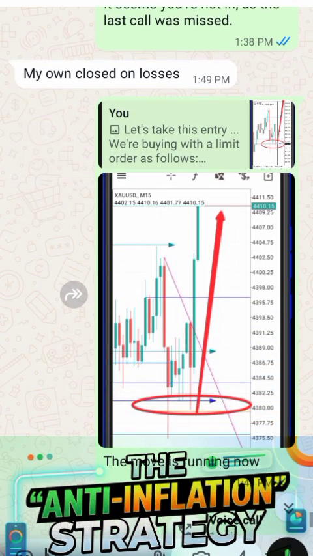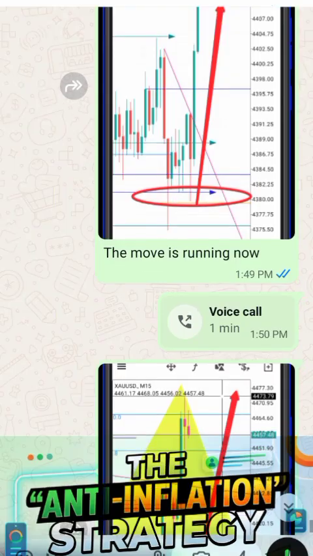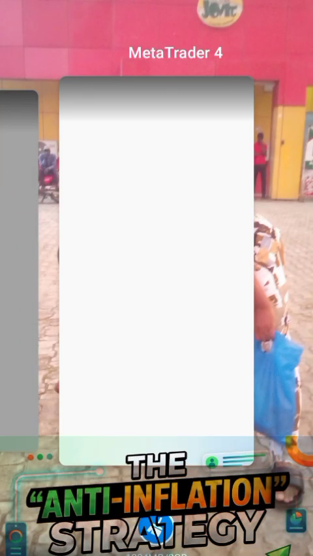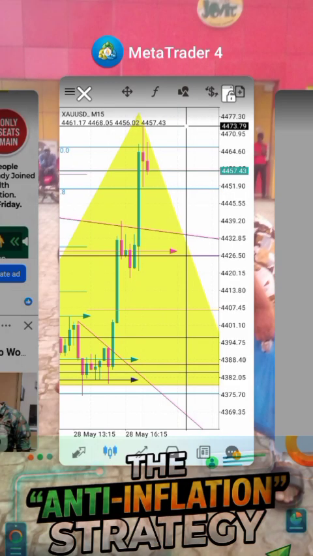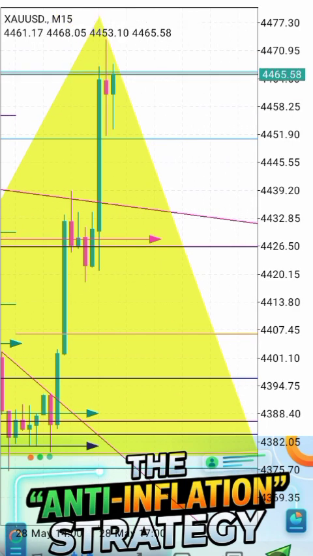So sometimes your not being available to take the entry can also affect the outcome, right? But ultimately the result was positive. It was profit at the end. So 1,000 pips profit at the end. And this is what matters the most, that despite how rough the market could be, the end should be profits.